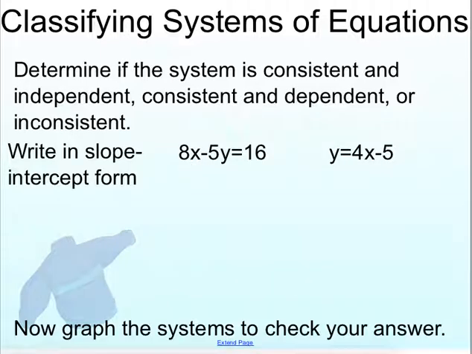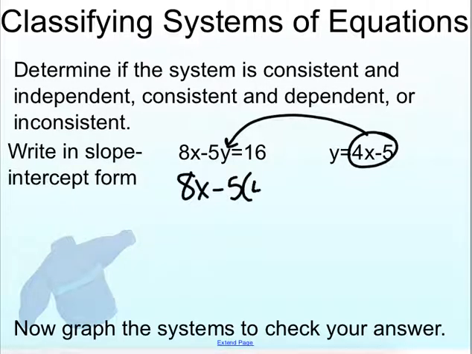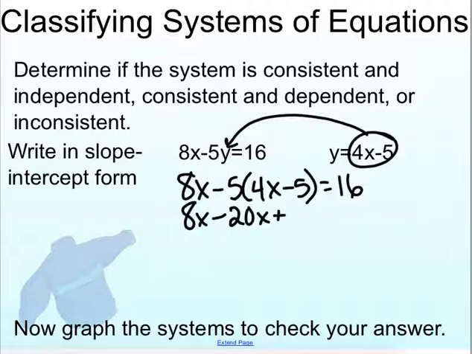All right, another one. Determine what the system is. Okay, well, let's say I want to use substitution right away. I'm going to take this information and plug it in for y. Get 8x minus 5 times 4x minus 5. That equals 16. So I'm going to expand to get 8x minus 20x plus 25 equals 16.